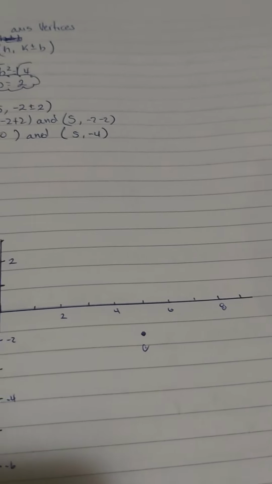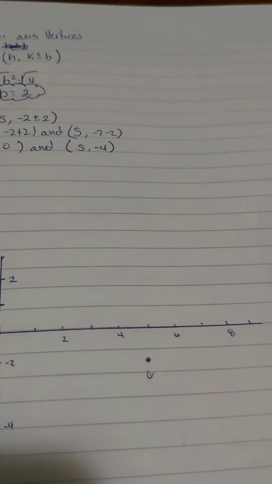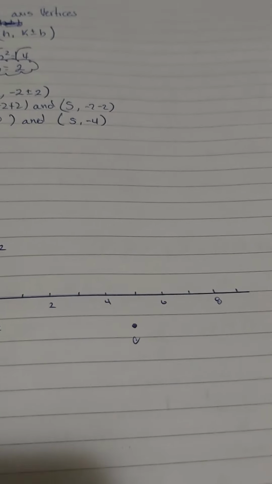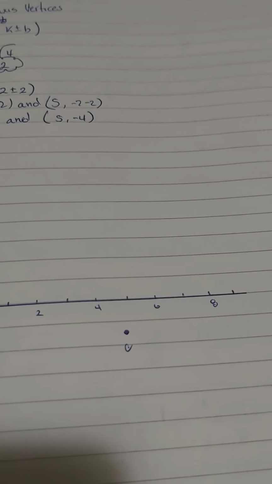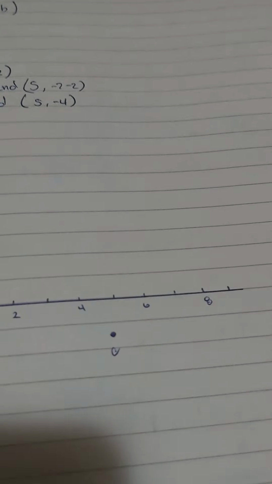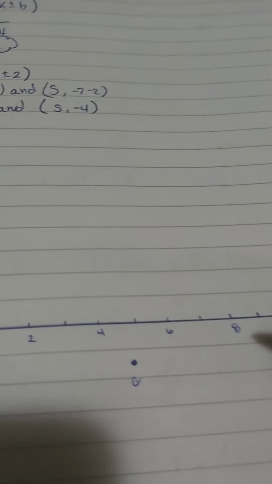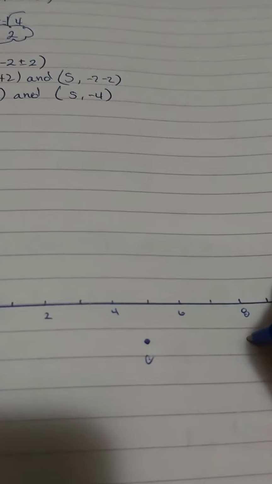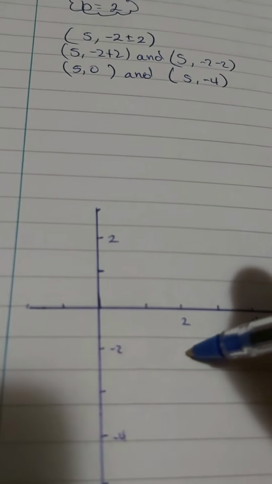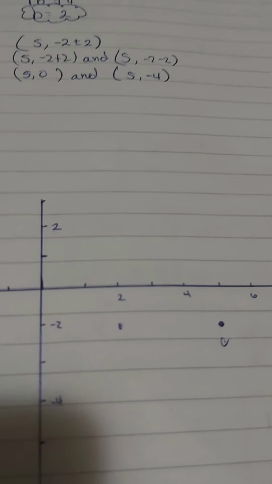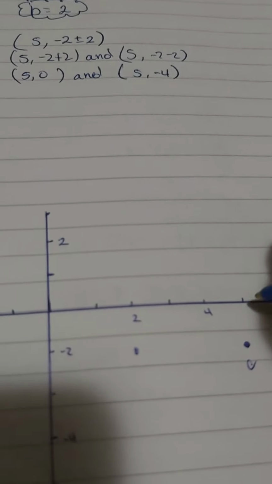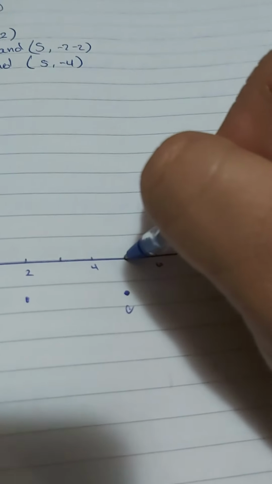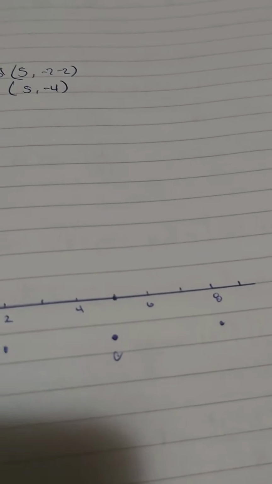Since it is not a perfect square root, we don't have to graph the foci because we will be estimating. So all we're going to graph are the major axis vertices and the minor axis vertices. So the major axis was 8, negative 2 and 2, negative 2. And the minor will be 5, 0 and 5, negative 4.